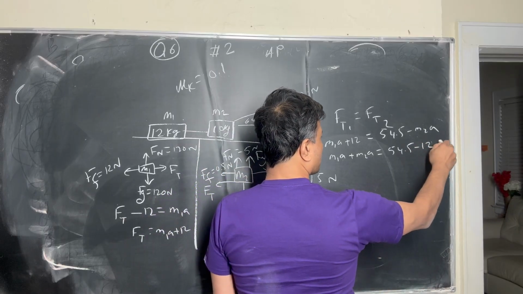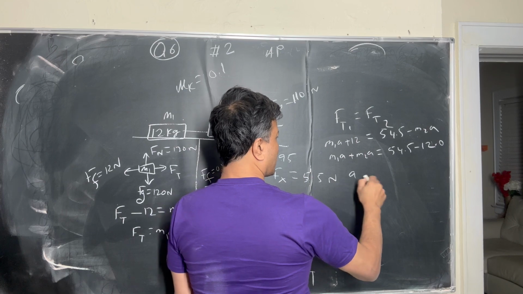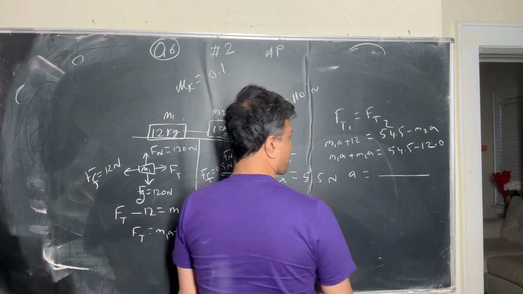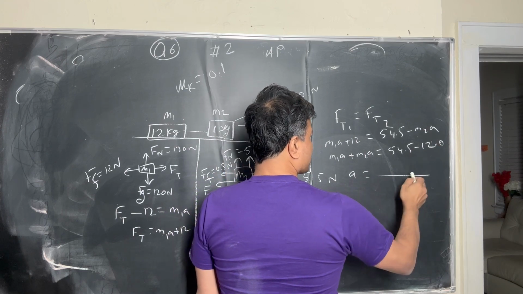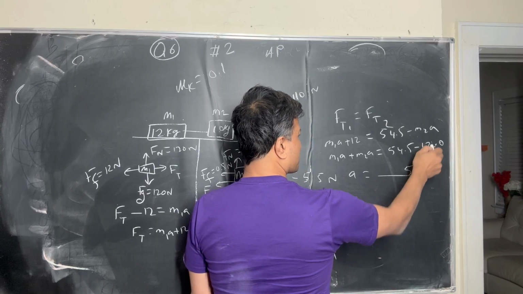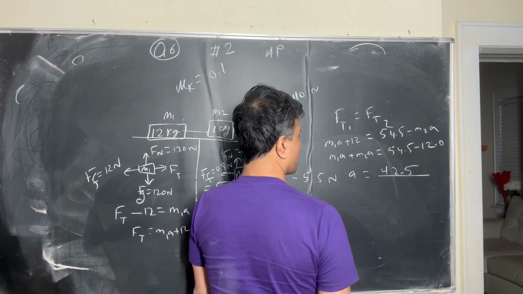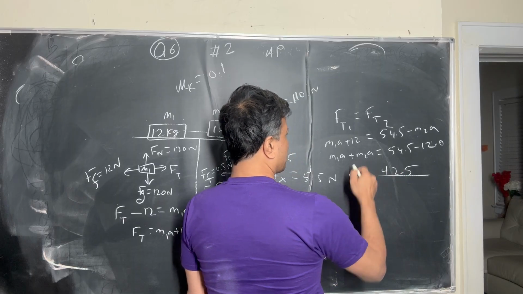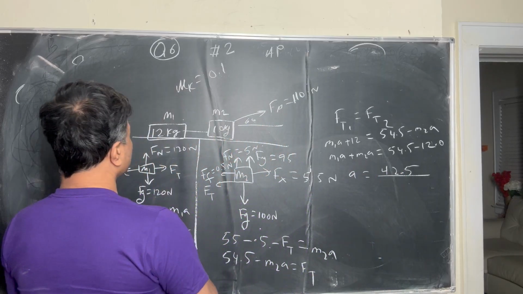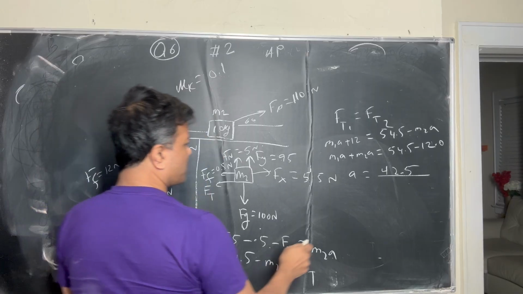Minus 12.0. A is equal to 54.5 minus 12 is 42.5, divided by 10 plus 12.